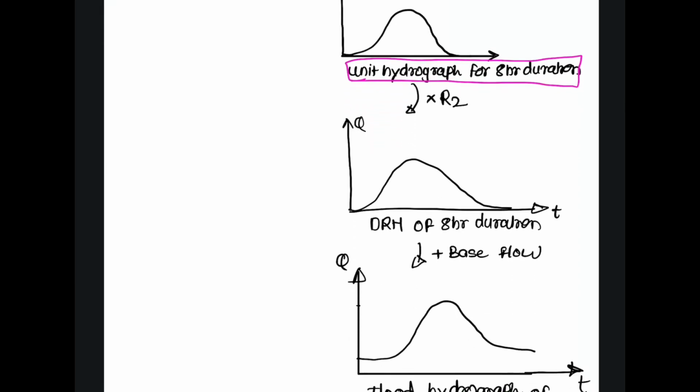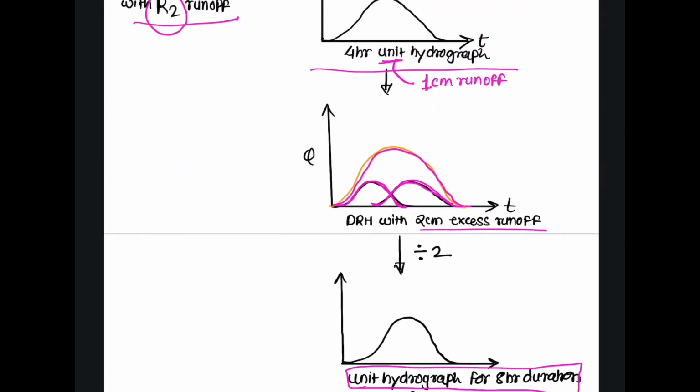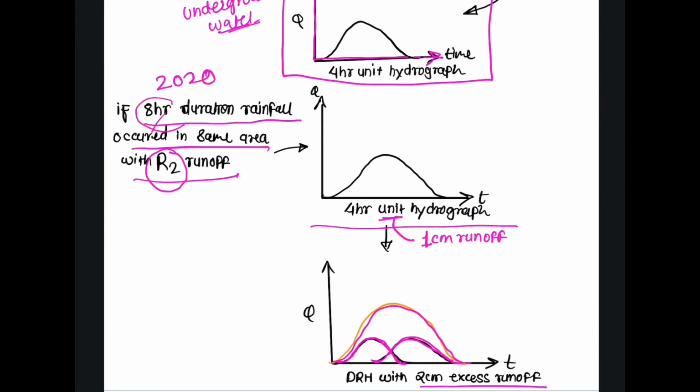After adding the base flow, we will get the flood which will happen due to this 8-hour duration rainfall, and this is the actual flow in the river at different time intervals. So guys, this is the physical significance of this hydrograph.